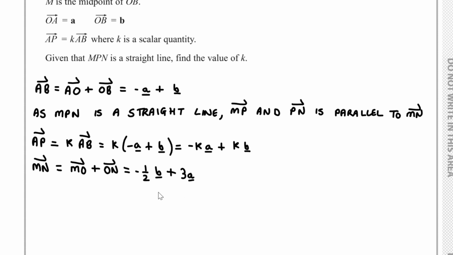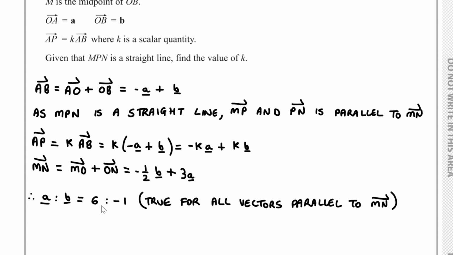And what you'd find over here is, in conclusion, that the ratio of a to b is equal to 6 to minus 1. You can see here the value of the a vector is 6 times the value of the b vector, and of course we've got the minus here to take into account the minus 1/2 b. So this will help us because this ratio will be true for all vectors parallel to MN.